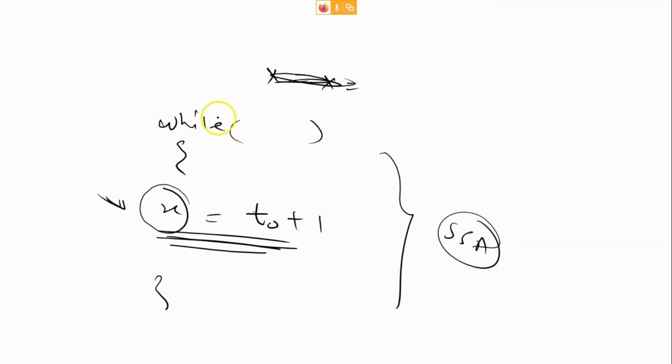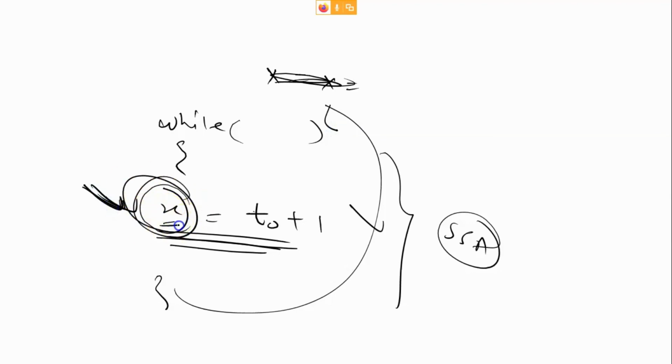Because when this while loop runs for the first time, this assignment, which means definition, will occur. Then when the while loop runs for the second time, again this assignment will happen for this variable x.